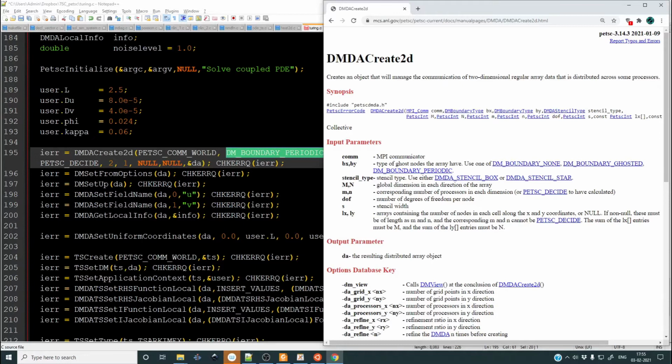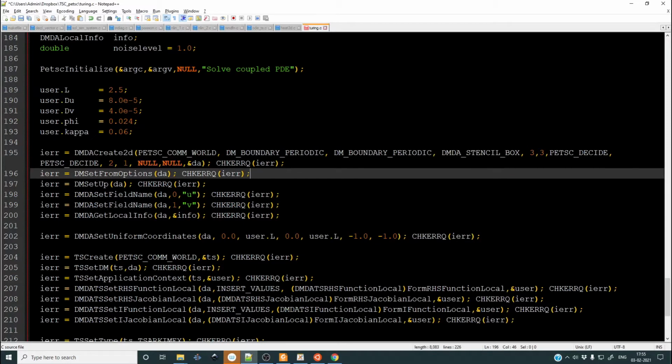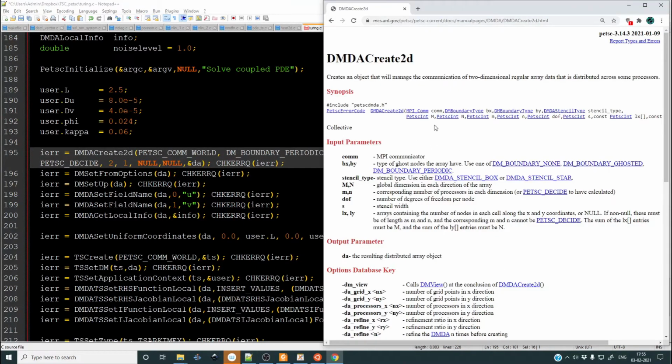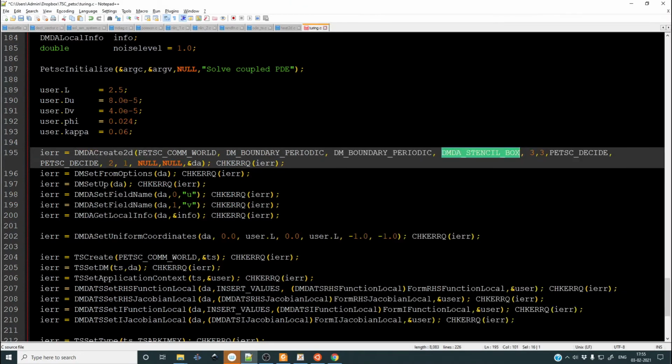So a stencil type, which is stencil box. Then you have m comma n. So in this case, the default grid is 3 comma 3, and you let PETSc decide the load balancing between the processes. You have 2 degrees of freedom. Stencil width is 1. Everything else is null, and you have to pass the address of the DMDA.